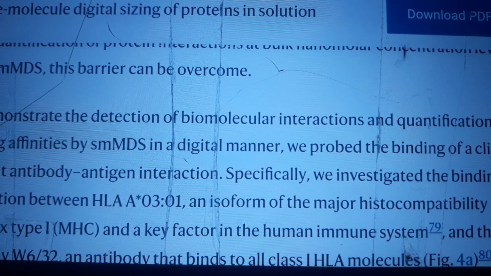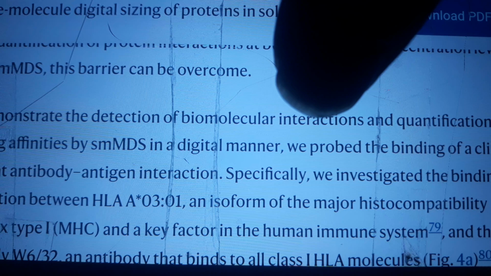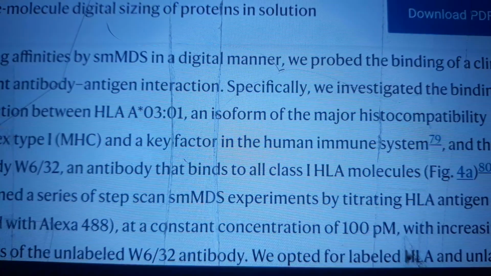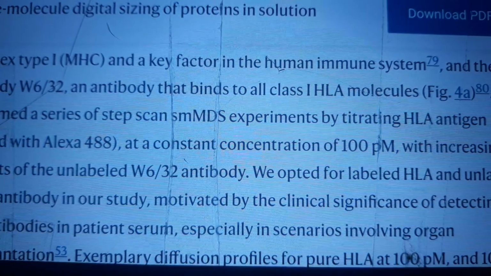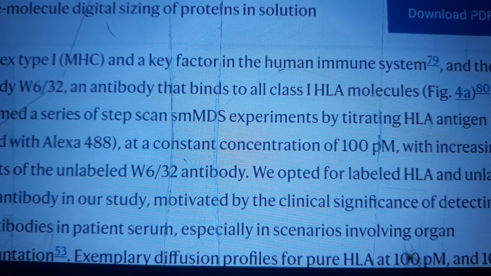To demonstrate the detection of biomolecular interactions and quantification of binding affinities by SM-MDS in a digital manner, the binding of a clinically relevant antibody-antigen interaction was studied. Specifically, the binding interaction between HLA-A03:01, an isoform of the major histocompatibility complex type 1 (MHC) and a key factor in the human immune system, and the antibody W6/32, an antibody that binds to all class 1 HLA molecules.